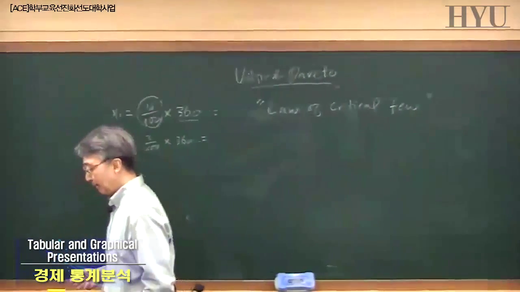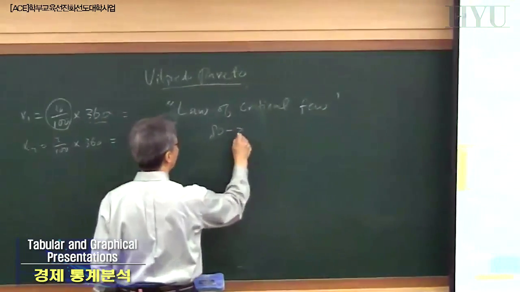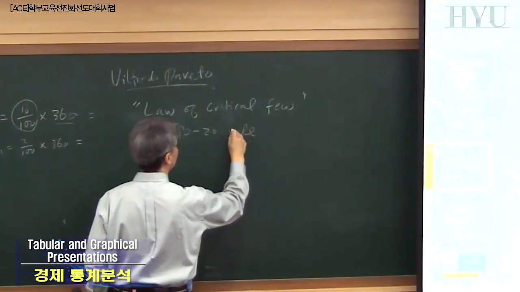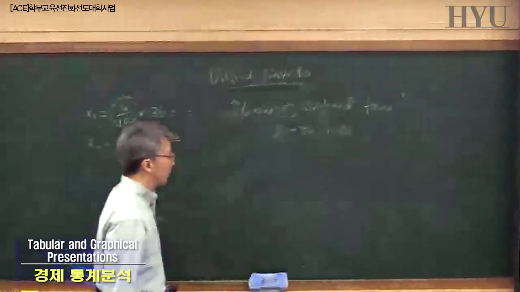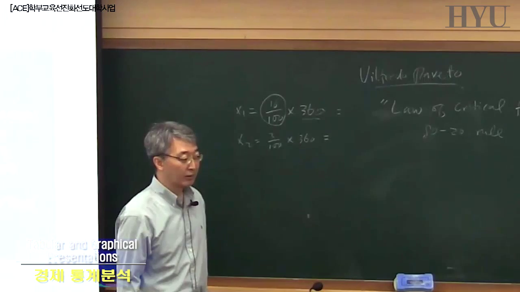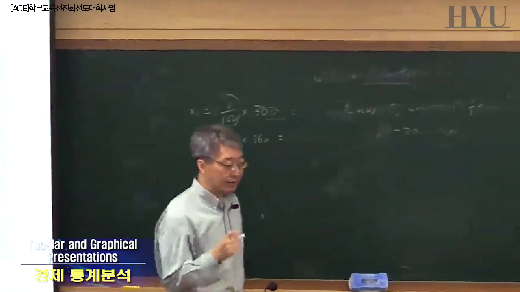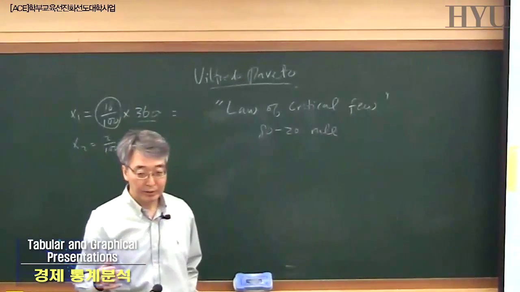Okay? And many times this is just simply called the 80-20 rule. Okay? This is a very funny, or not funny, but interesting rule. Okay? Or not exactly a rule, but a phenomenon. Okay? And you find this phenomenon in many different areas of our life.